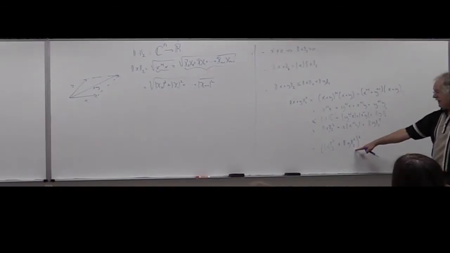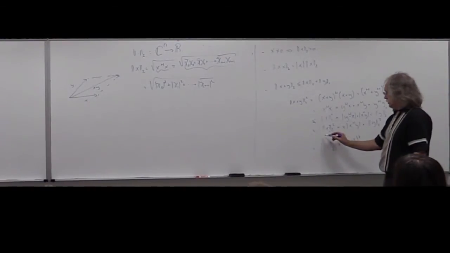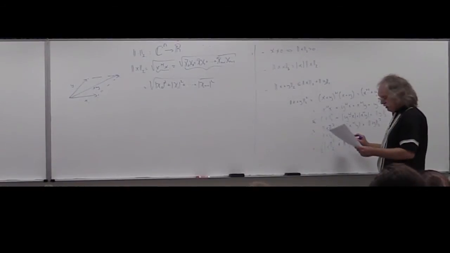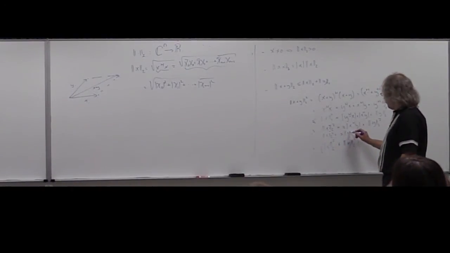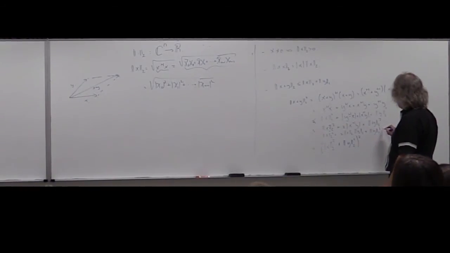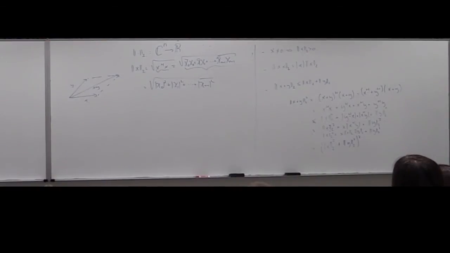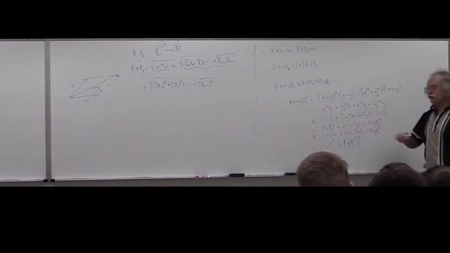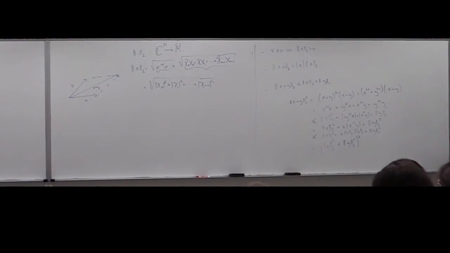If you multiply this out, what you get is this squared plus 2 times the norm of x times the norm of y plus y squared. Okay? So as long as we can show that this is less than or equal to that, we're home free, right?